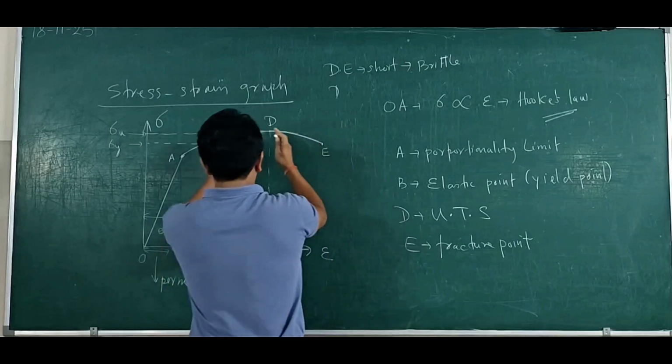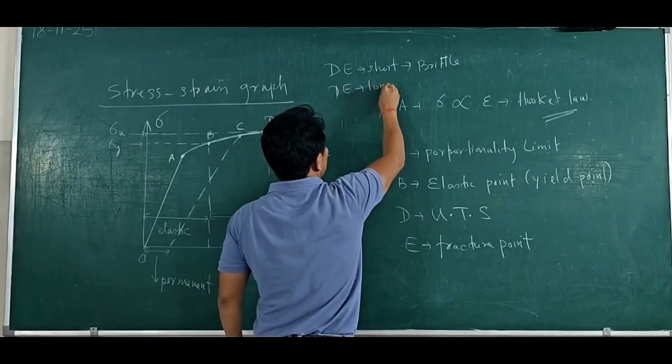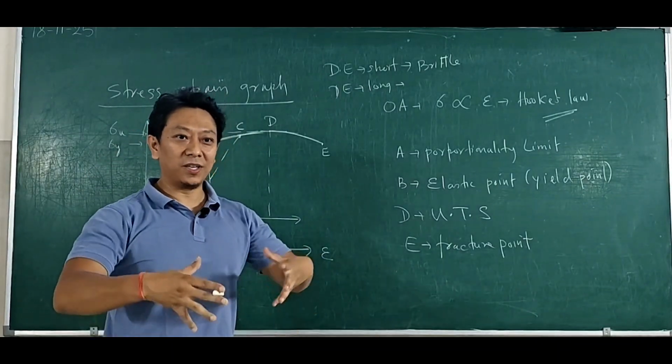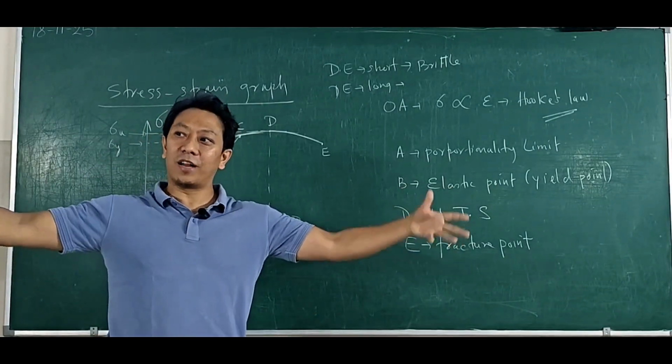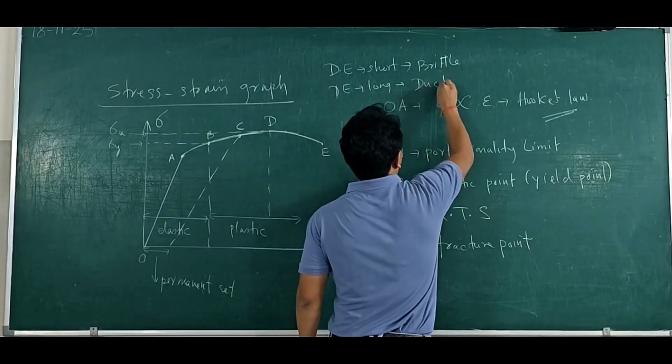And if this length is quite long, then you need large change in length before it breaks. So the material can become longer and still it will not break. So that is called what? Ductile.